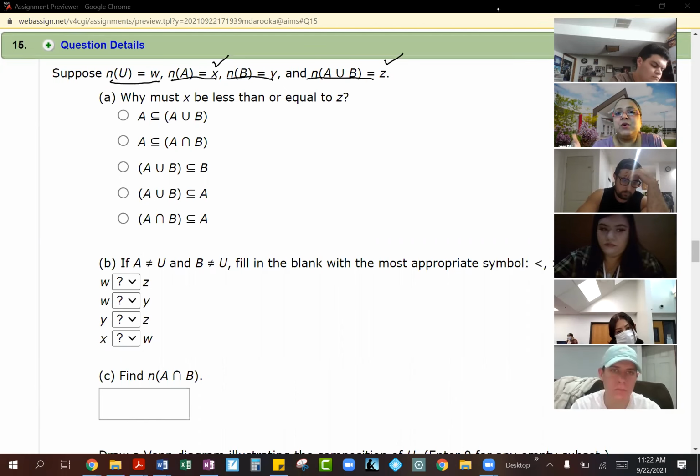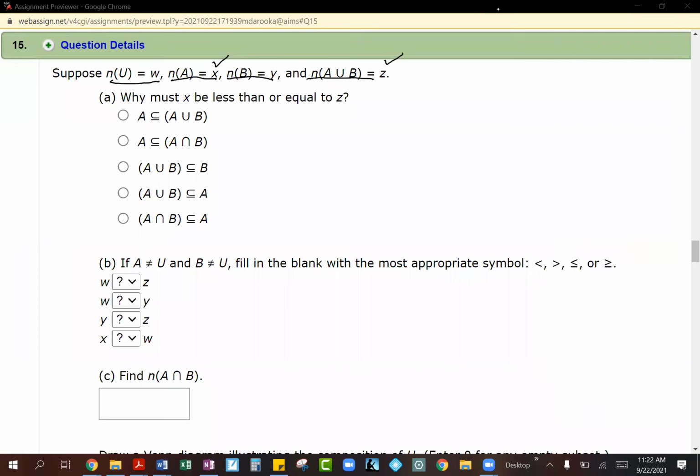You can try this with numbers, if it helps. Let set A be 0, 1, 2, so the cardinal number for A is 3. If set B is 0 and 3, the cardinal number for B is 2.